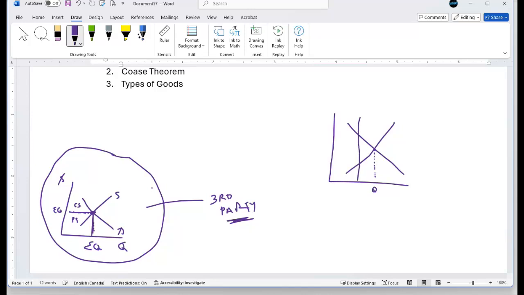So the truly efficient output might be a lot less than what the market equilibrium output is, right? I've drawn this second Q here, and we'll say that this might be the actual output that society would prefer, we'll use that word, if we took into account all of those additional considerations. So in this case, we would say we're overproducing these goods.